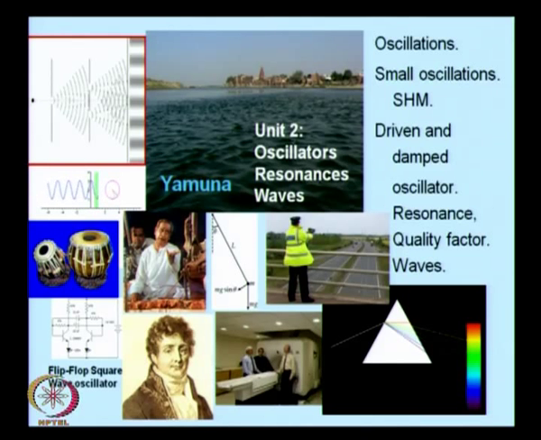And then there are quantum phenomena. In quantum mechanics, you have the phenomenon of quantum oscillators, and these are again almost ubiquitous in quantum mechanics. And here is a picture of a nuclear magnetic resonance imaging technique which is used to map the body tomography, and this is done again using the principles of oscillations, and the basic physics in electronic oscillators and so on is what we are going to discuss in this unit.